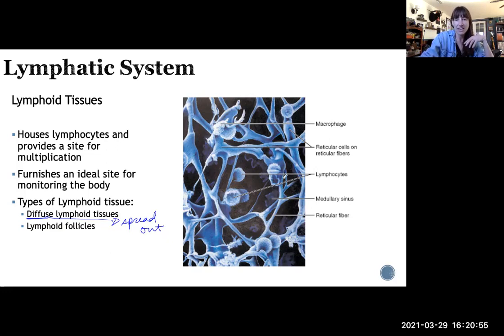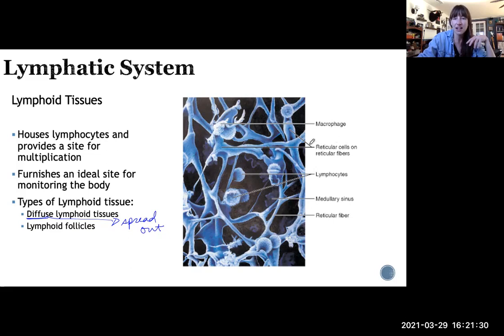Basically, what you're seeing here is loose connective tissue. So remember from part A, we talked about different connective tissue types. There was loose connective tissue. One of them was called reticular loose connective tissue. This is what that is, or that is what this is. Loose reticular connective tissue is made up of reticular fibers and the fibroblasts, those cells that produce those fibers, reticular fibroblasts, okay? So you've got reticular fibers in this lymphatic tissue.